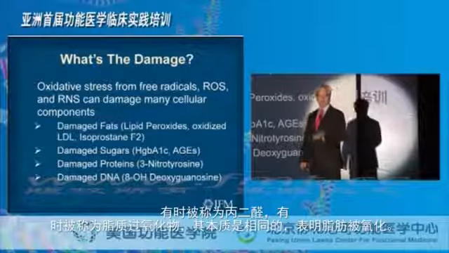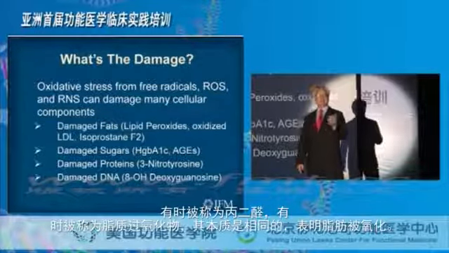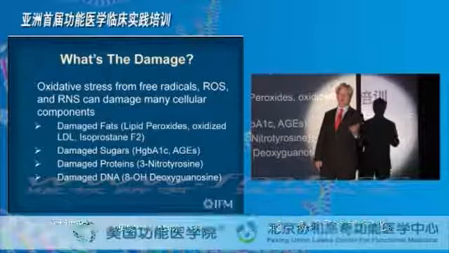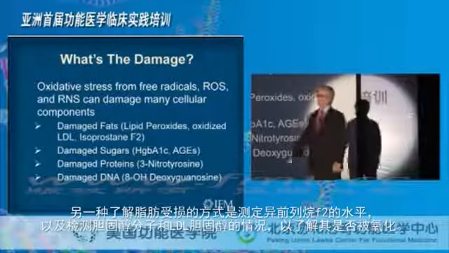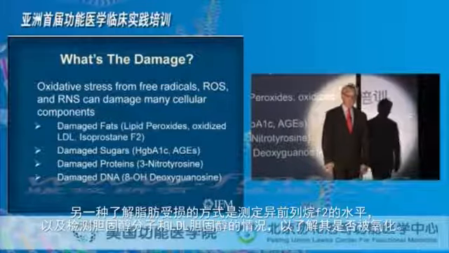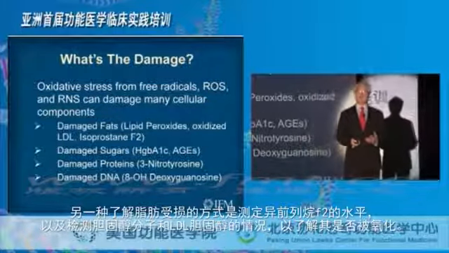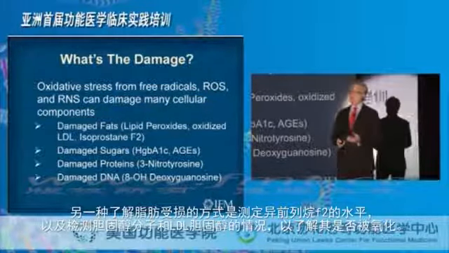All the same thing. It means that the fat is rancid. Another way to measure it is isoprostane F2. Another way is to look at the cholesterol molecule and LDL cholesterol and see if it is oxidized. Many ways to look at oxidation in fat.